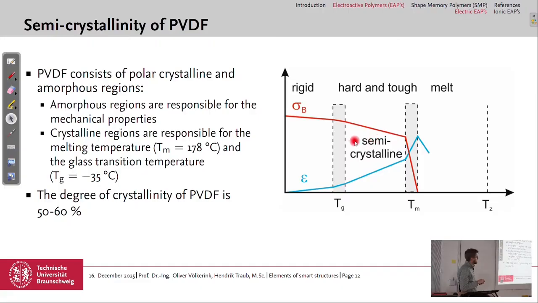It's in its operating range between Tg and Tm. It's semi-crystalline, it's hard and tough. So still you can transfer a lot of stresses, but the failure strain goes up. And if you melt it, of course, then you can't transfer any loads anymore, the stresses at the failure point go down, and the elasticity goes up, or not the elasticity, but the failure strain.